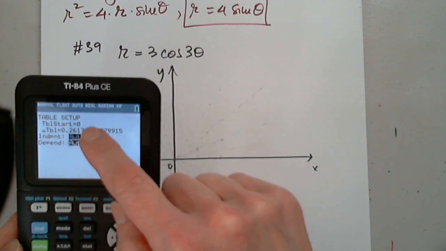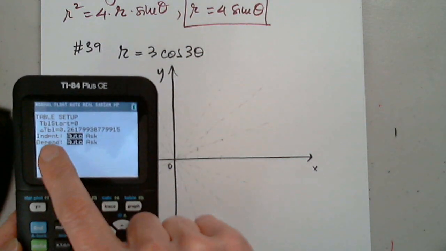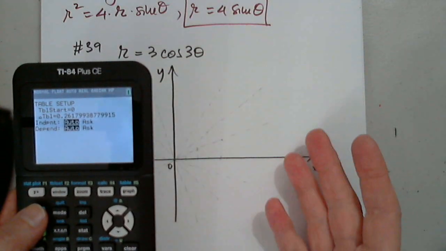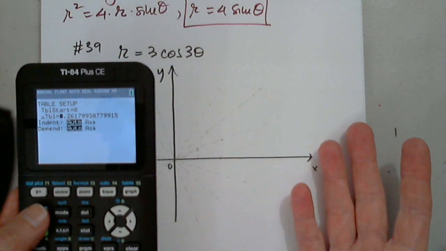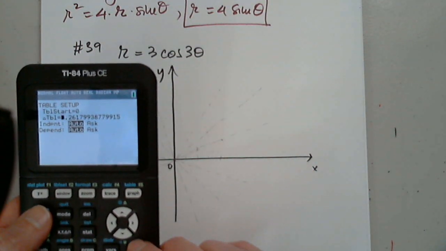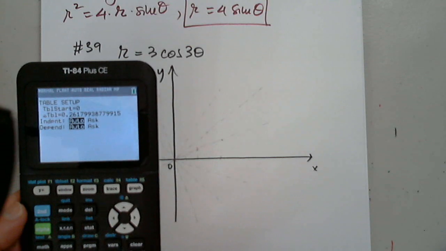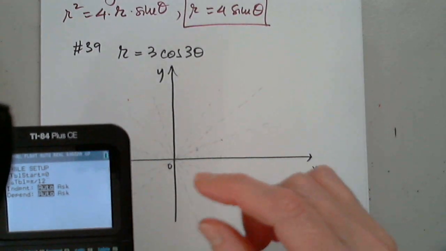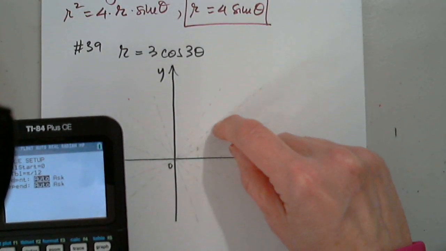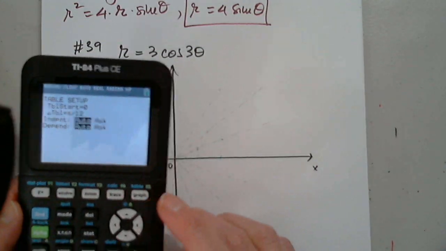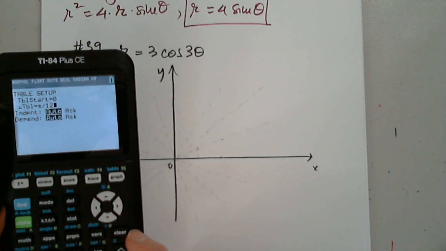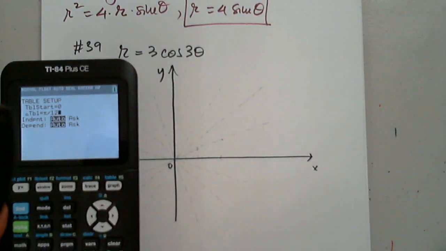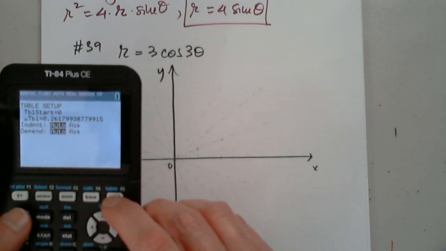So I would like the calculator to start at 0 and have an increment of pi over 6 divided by 2, which is pi over 12, which is 15 degrees, right? So I enter second pi divided by 12. I want the increment to be every 15 degrees, depending on what I get for the r. Okay, so it's done.